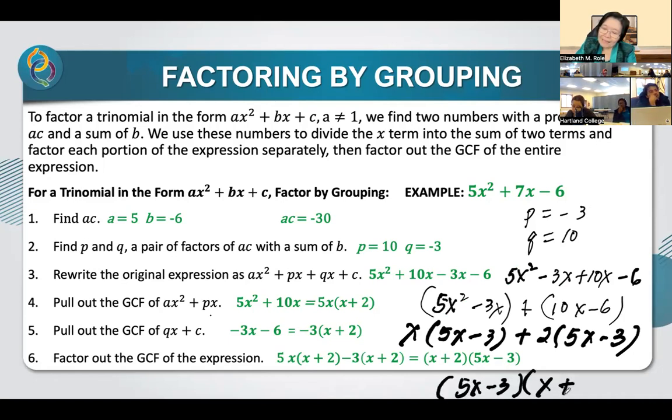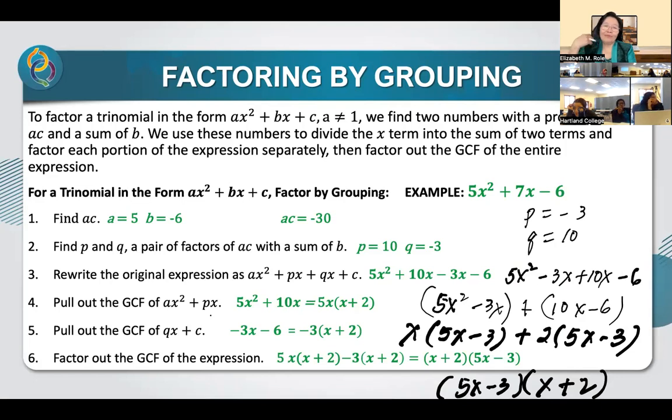Then what remains is x plus 2. And the fact that they are commutative, x plus 2 times 5x minus 3 is the same as 5x minus 3, x plus 2. So it doesn't matter whatever you put as a P or a Q, you will get the same factors of your trinomial.